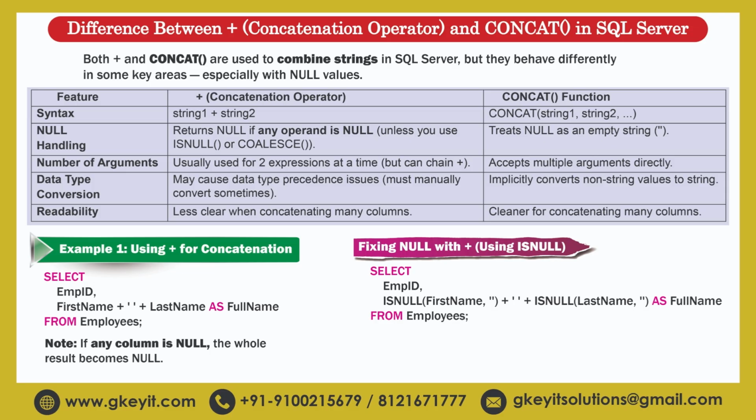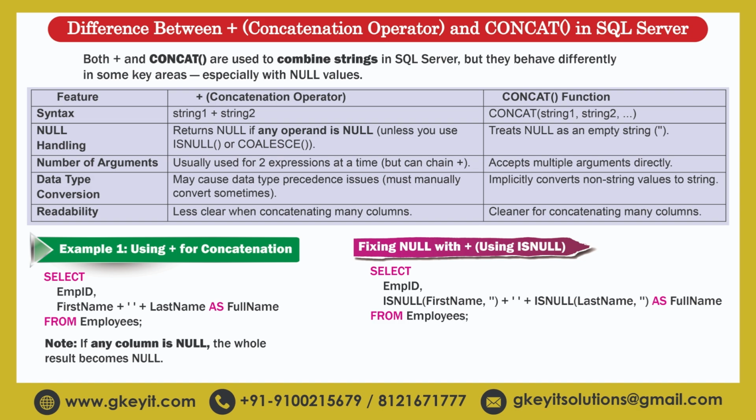Coming to the different examples for the concatenation operator and the concat function. First we will see using plus for concatenation. Here we have a query: select employee ID, first name and last name concatenated this way from employees.